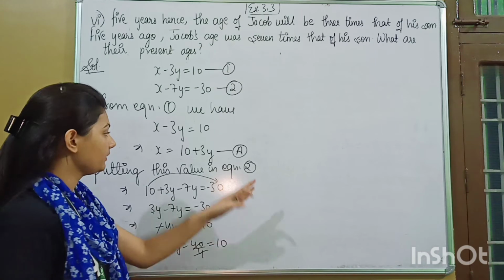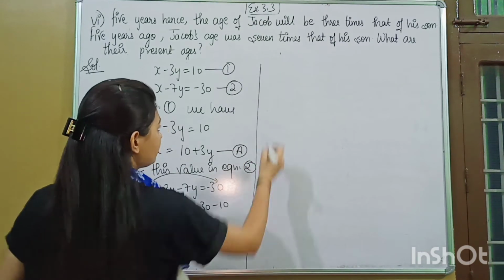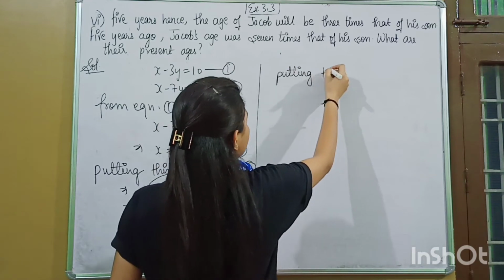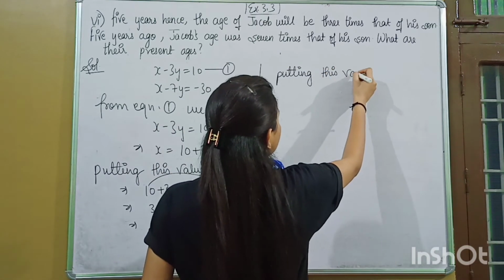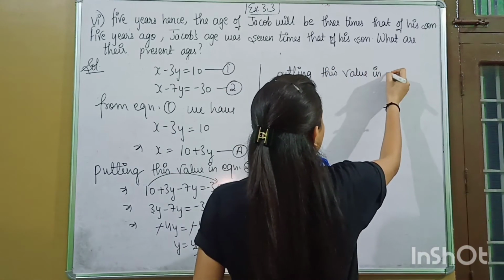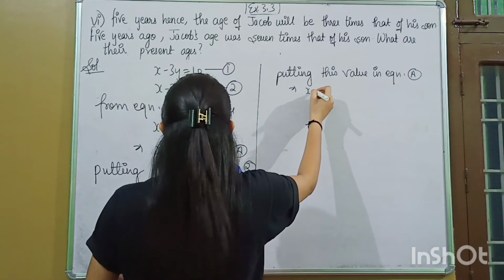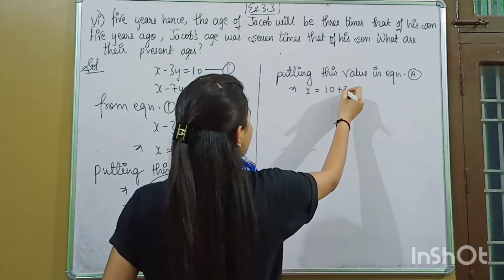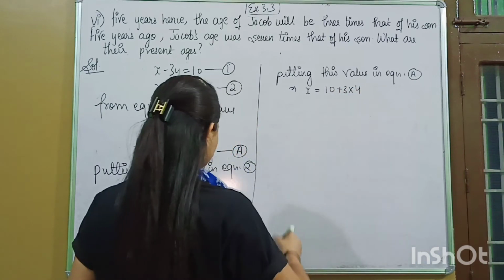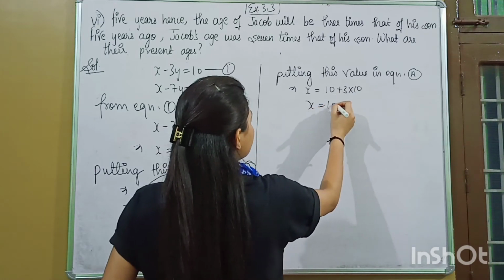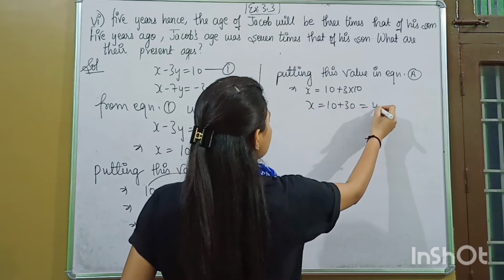Now we will put this value in equation A and find out the value of x also. So putting this value in equation A, x is equal to 10 plus 3y, that is 10 plus 3 into 10, that is 10 plus 30, that is equal to 40.